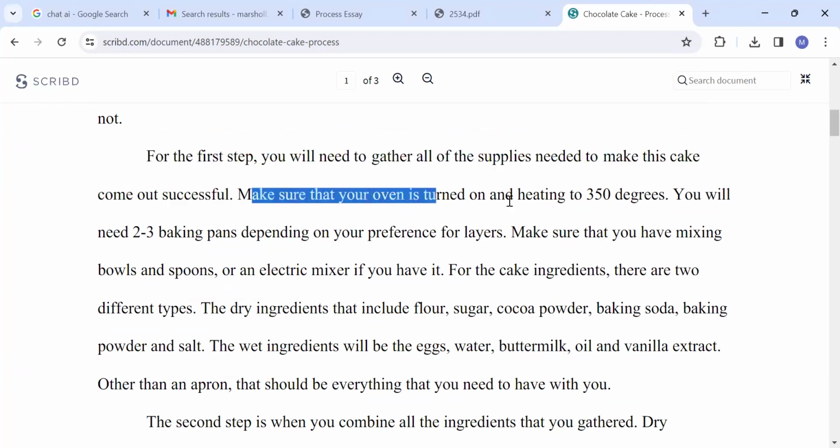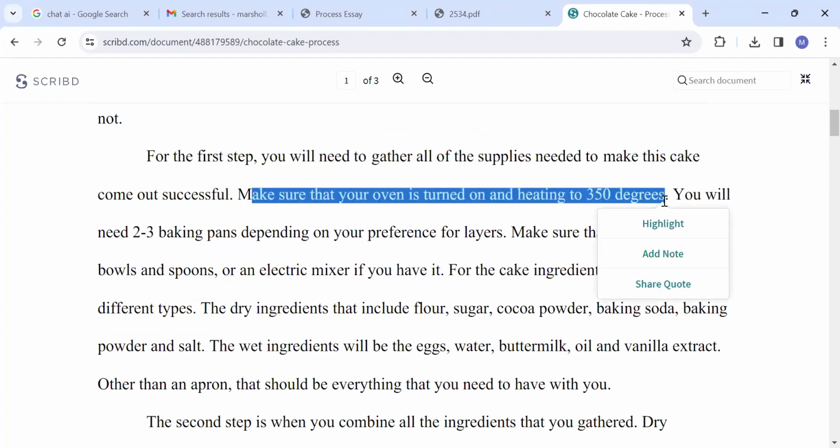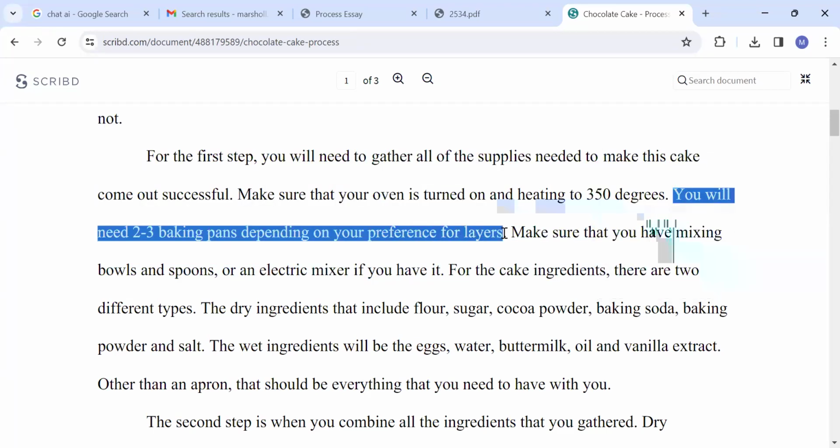Make sure that your oven is turned on and heating at 350 degrees. Notice she did not say, get an oven. She explains that beyond having just an oven, it needs to be heated. And beyond being heated, it needs to be heated to specifically 350 degrees. You will need 2 to 3 baking pans, depending on your preference for layers.